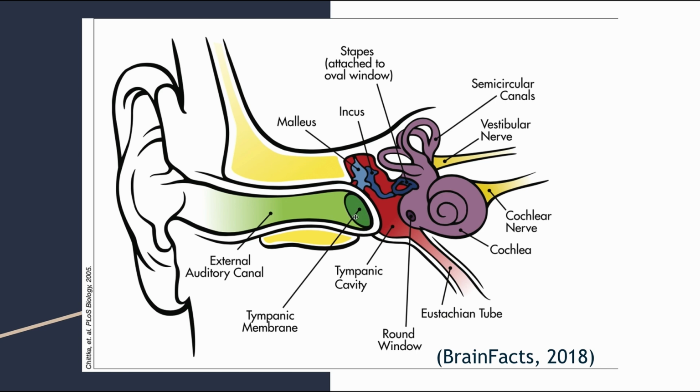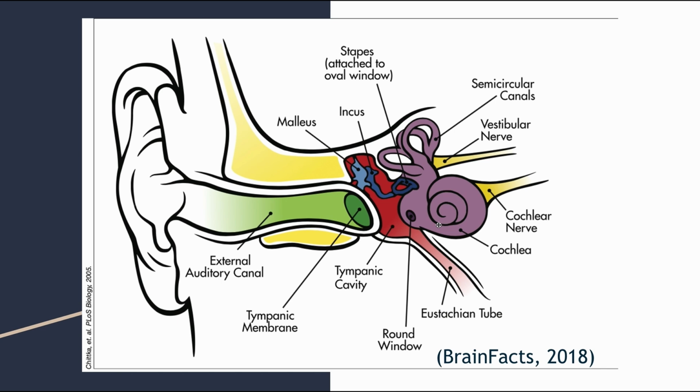This tympanic membrane vibrates in response to these changes in air pressure perceived through this outer part of the ear. And these vibrations are sent along the three sound-amplifying bones: malleus, incus, and stapes. The last bone in the chain, the stapes, acts like a tiny piston, pushing the oval window, a membrane that separates the air-filled middle ear from the fluid-filled cochlea of the inner ear, which is this one.